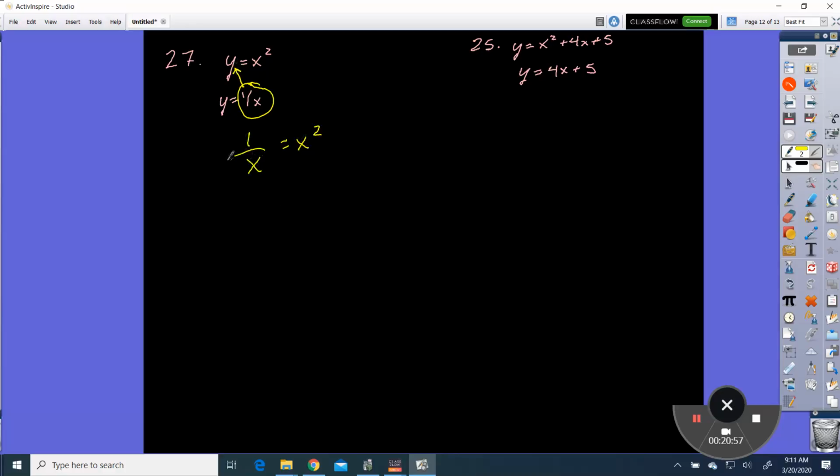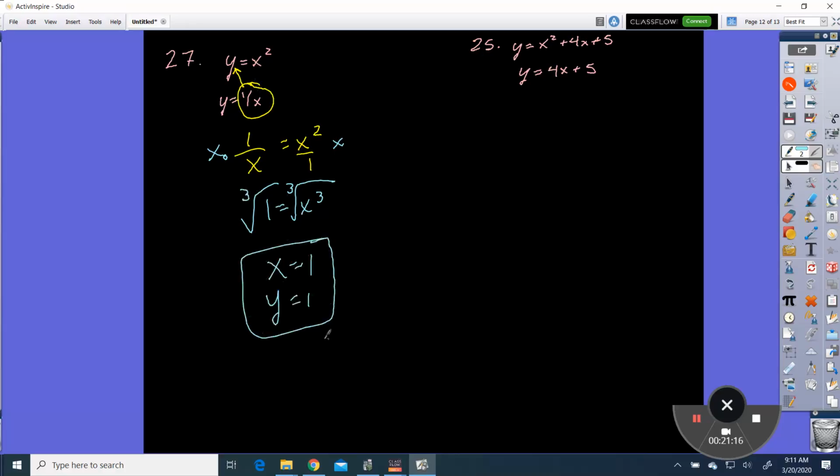So now, to get rid of that divide by x, I'm just going to multiply each side by x. So I have 1 equals x cubed. To get rid of a cubed, I cube root it. The cube root of positive 1 is just 1. So x equals 1, so I plug 1 in there, y equals 1. And that's the answer. Okay.